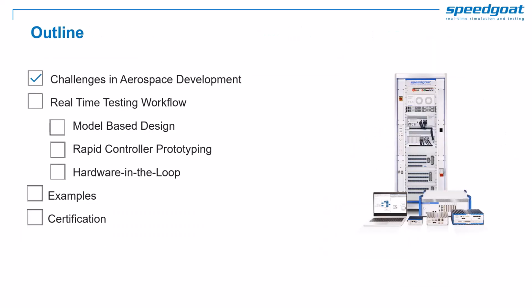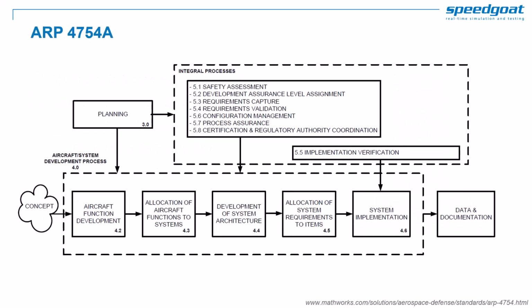To understand the benefits of real-time testing, it is important to talk about model-based design first. For this, I would like to refer to the Aerospace Recommended Practice 4754A documentation. As you probably know, this document provides guidelines for the development of aircraft systems endorsed by civil aviation authorities.